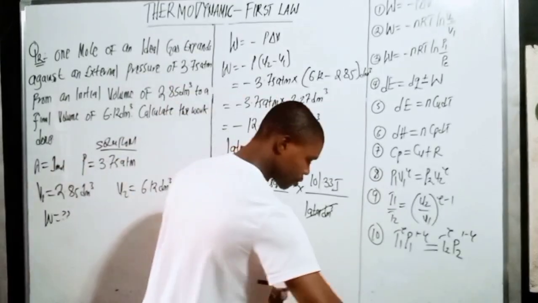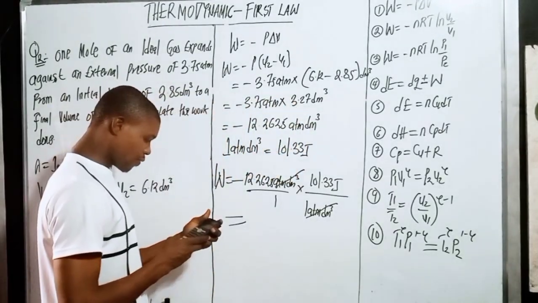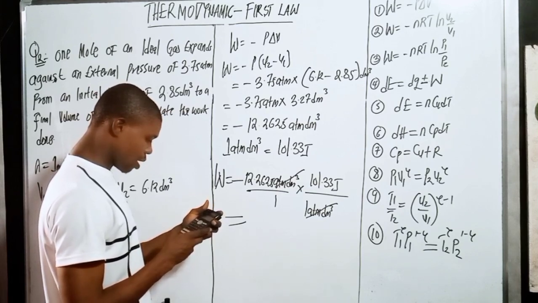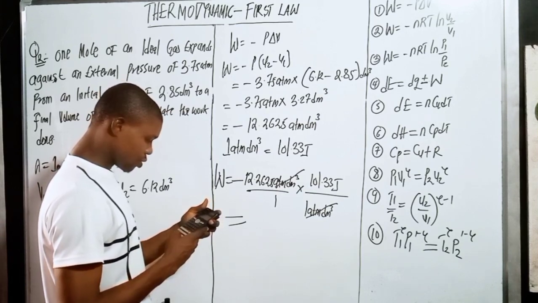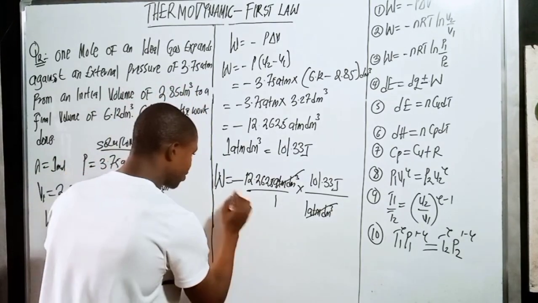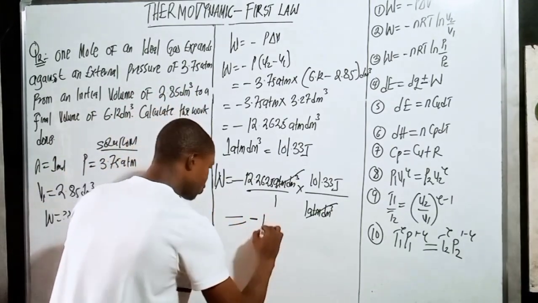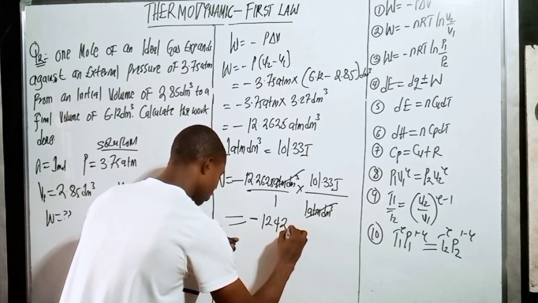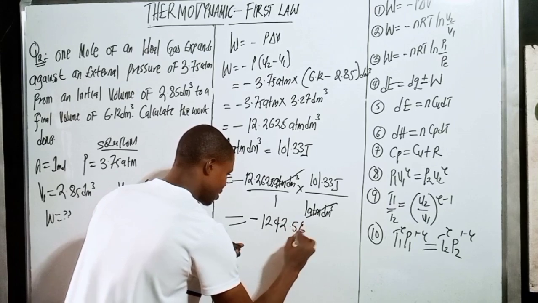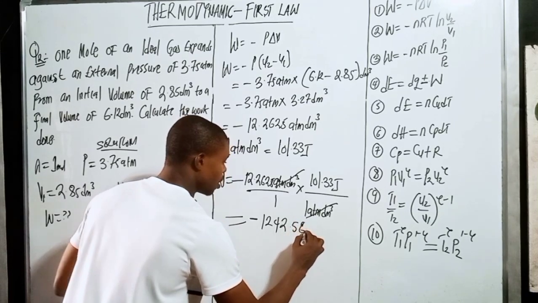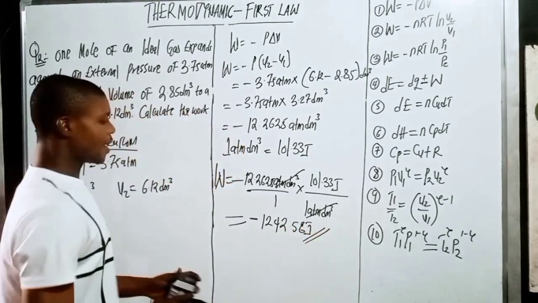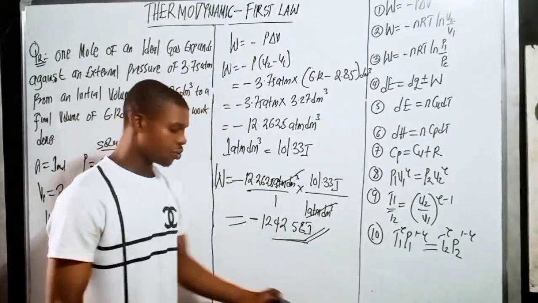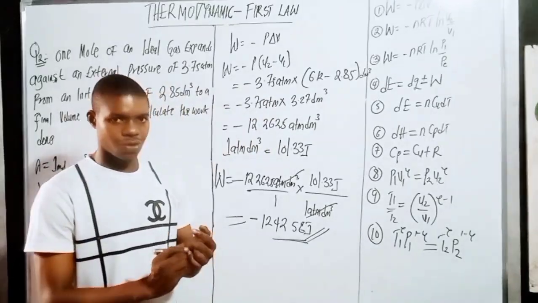So here we have 12.2625 times 101.33. Remember this minus here. So minus 1242.56 joules. And then you can also convert it to kilojoules, but let me add joules here. So that is the answer. Do you understand?